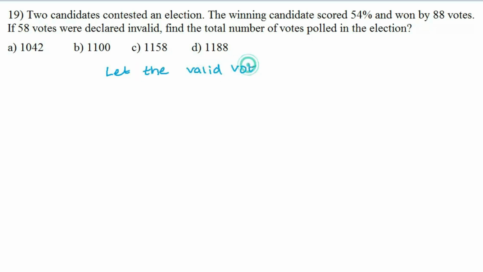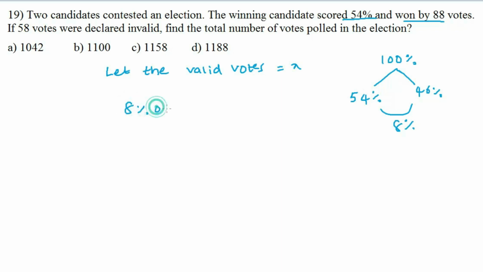Let the valid votes equal to X. The winning candidate scored 54% and won by 88 votes. Total is 100%. In this 100%, he scored 54% and remaining percentage is 46%. 54% and 46%. Difference is 8%.